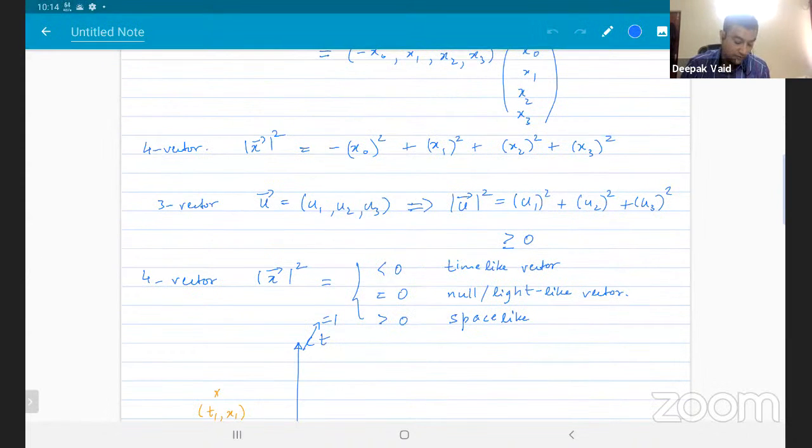If it is less than zero, it means the two points which are connected by that vector are in causal contact. The same holds if the length of the vector is equal to zero. And if the length of the vector is greater than zero, then the two points are not in causal contact.